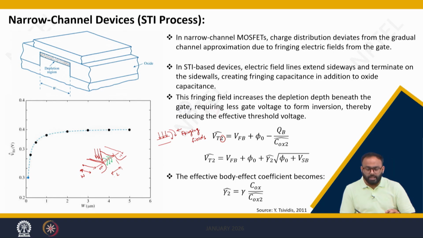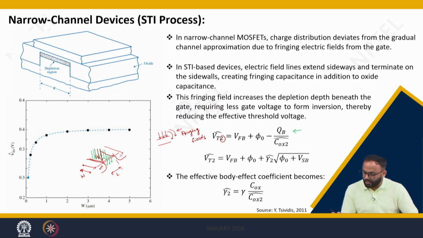Ultimately these field lines will also support the depletion of the channel, correct. It means if I represent it in terms of effective capacitance, then the effective capacitance of this region will increase, correct. In the sense, the total capacitance which is shared by the gate will increase.